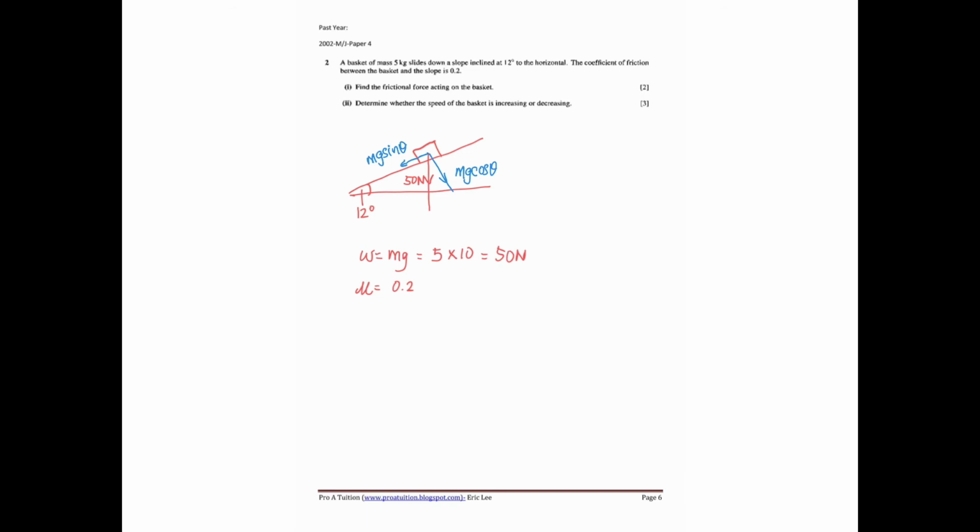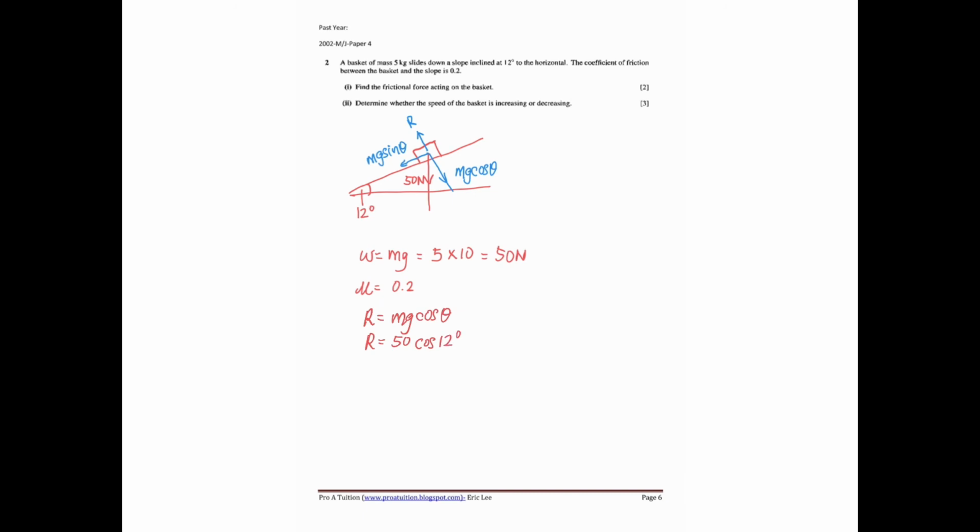To find frictional force, we need the R. This R and this mg cos theta are in equilibrium, so they are equal to each other. R is equal to mg cos theta, where mg is 50, cos 12 degrees.